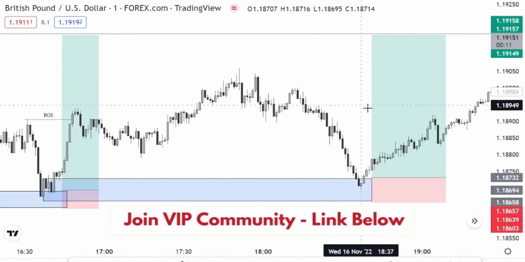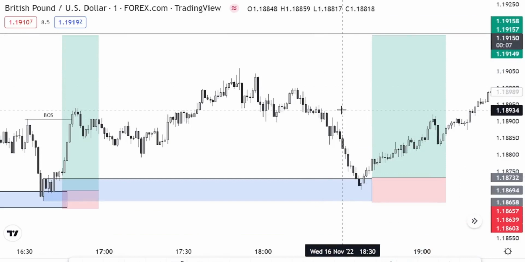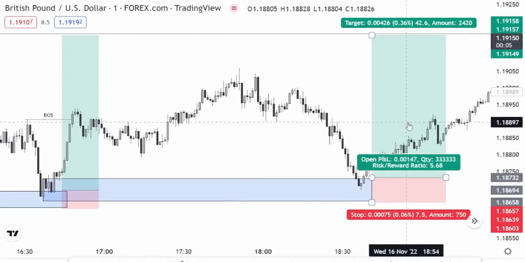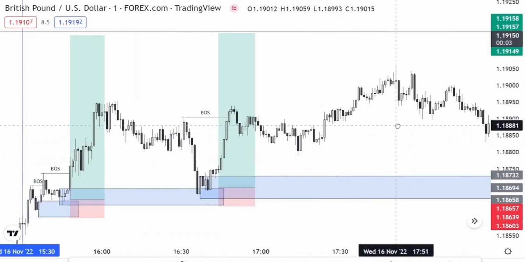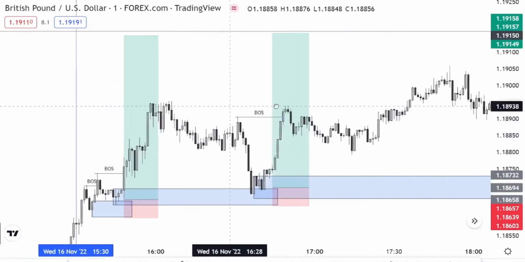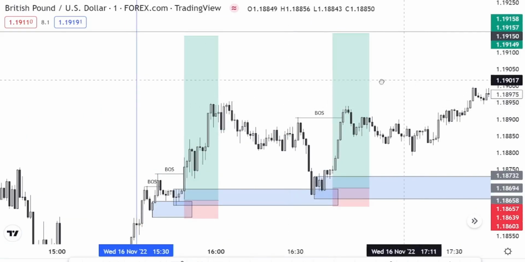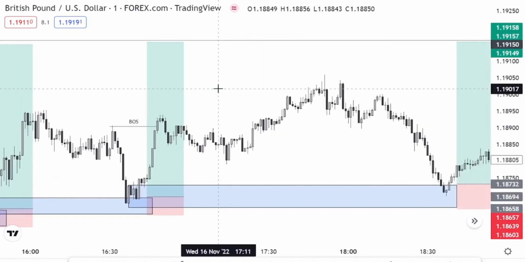That would have given us 5.68%. Now take a look: this would have given us 5.68%, this would have given us 8.42%, and this would have given us 8.93%. Can you see that? Wonderful strategy, guys, only that you maintain the rules.